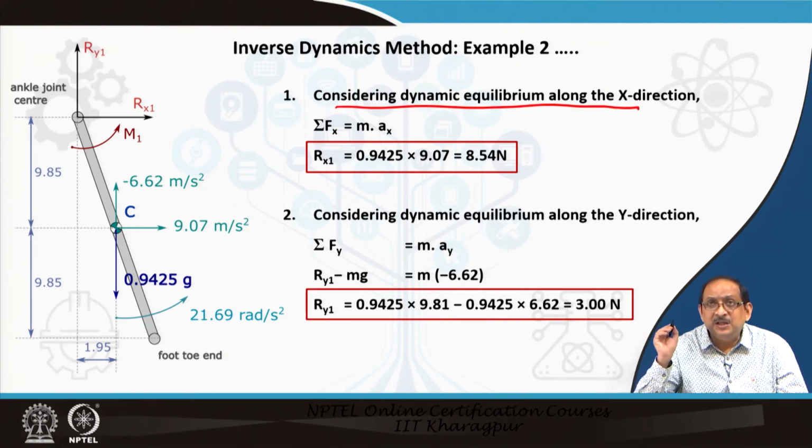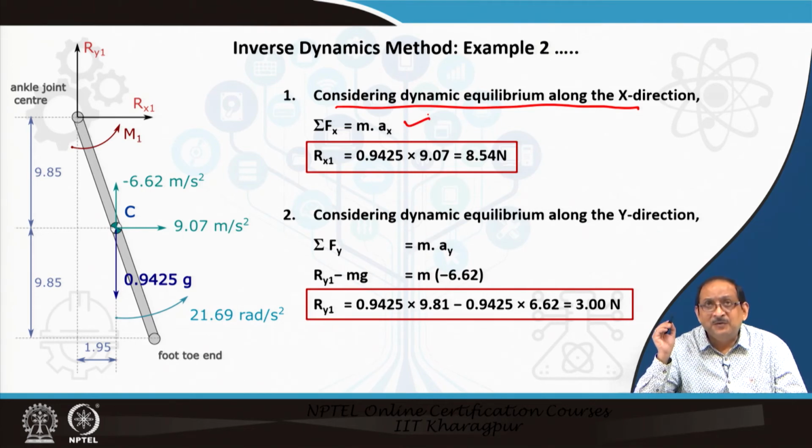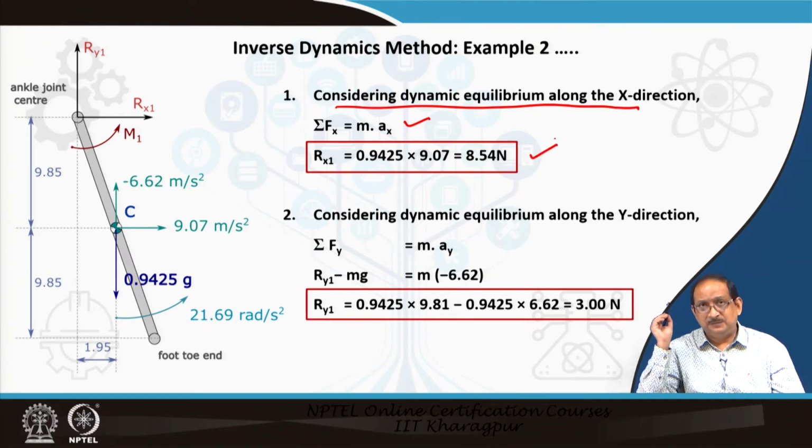If we write down the equation considering dynamic equilibrium along x direction, summation of Fx equals mass of the segment and the linear acceleration Ax. So, we can calculate Rx1 as 8.54 Newton.